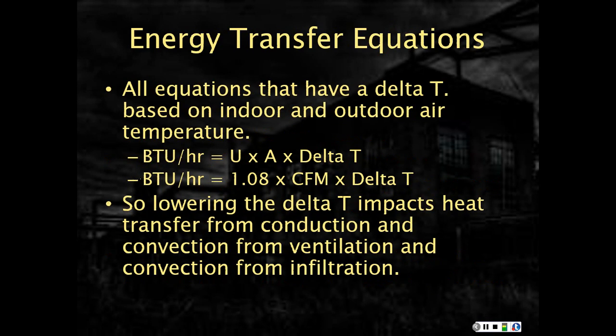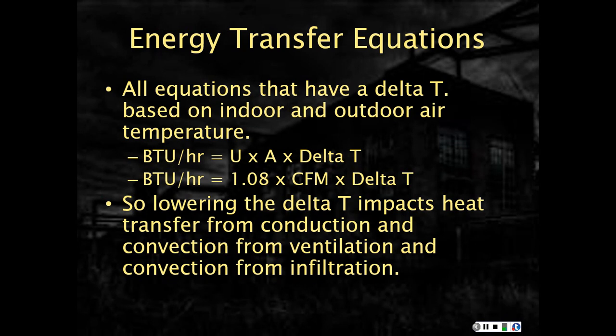If you look at all the equations that have a delta T based on indoor and outdoor air temperature, both conduction, in other words, heat transfer across a building envelope, the U times A, and there's that delta T. Now remember, when we looked at envelope, we were concentrating on reducing the U. In this case, we're trying to lower the delta T part. Again, with both items, the end result is to try to make the BTUs per hour heat transfer smaller.